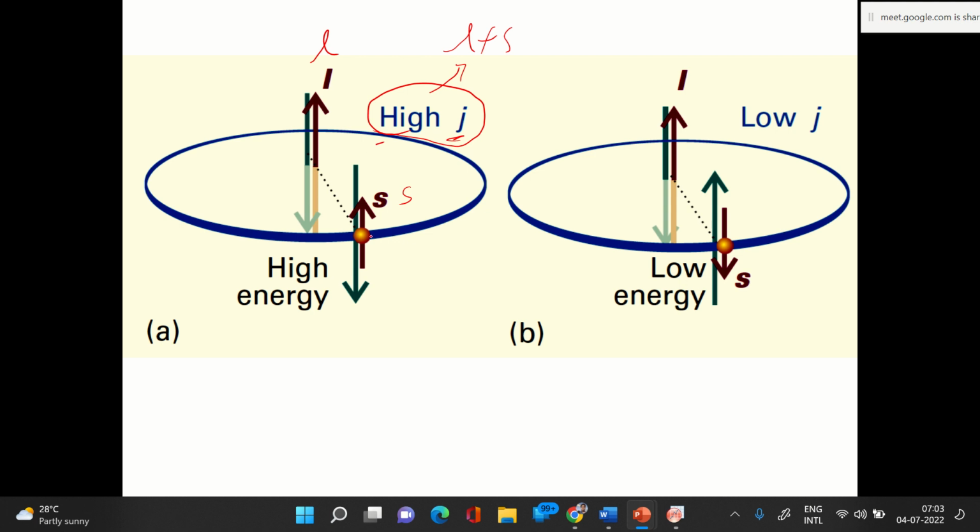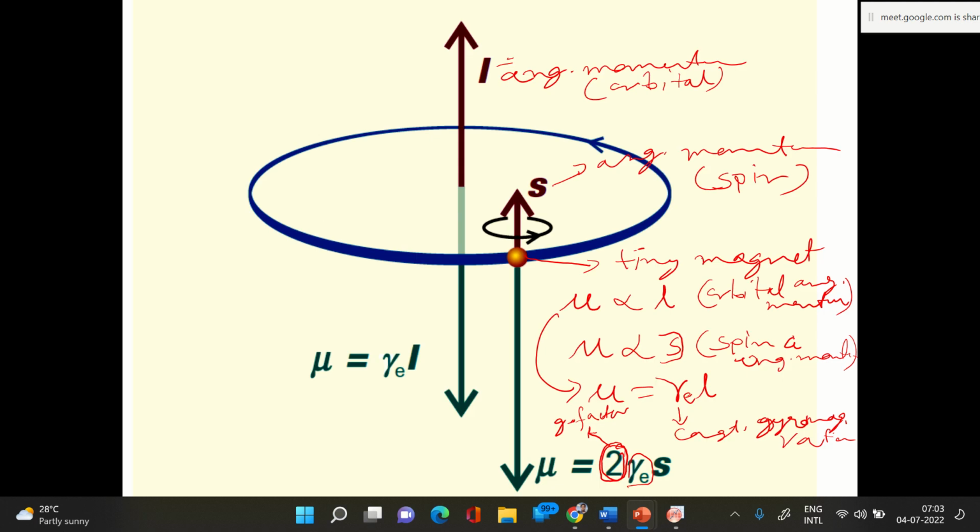In the case of electrons, as seen in the previous picture and even in this picture, what you are seeing as the green one is the magnetic moment. It is pointing in the opposite direction to the angular momentum. Magnetic moment, or mu, what is mu?